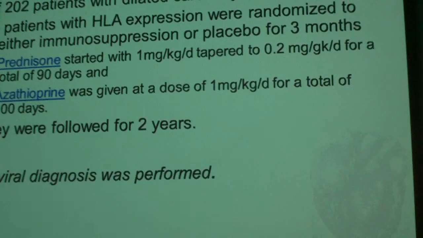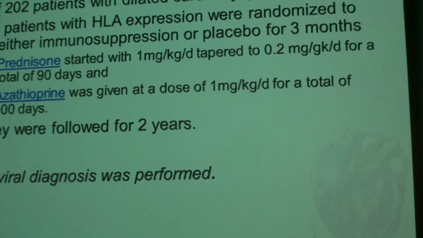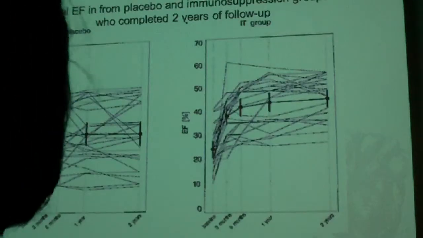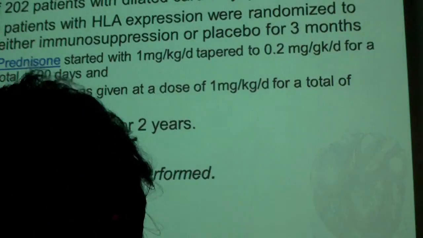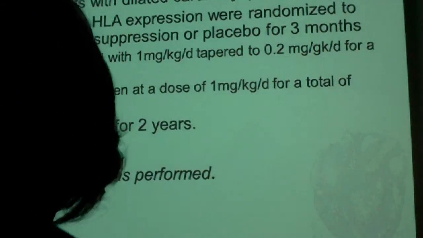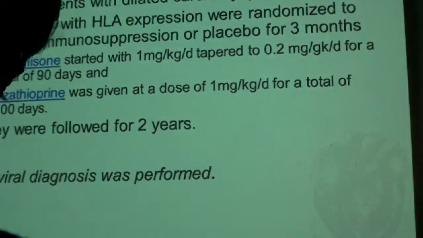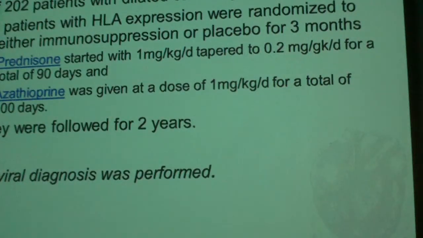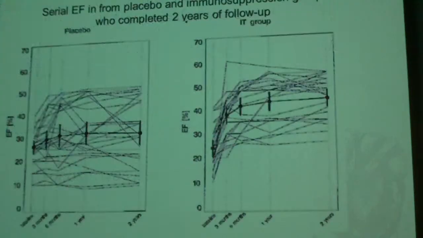These are older studies where they took patients with dilated cardiomyopathies and an HLA expression, which was suggested in more immune-mediated disease. They gave those patients placebo, or they gave an immunosuppression regimen of prednisolone and azathioprine in adequate doses. These patients were followed for 2 years. At that time, the viral diagnosis was not really performed.